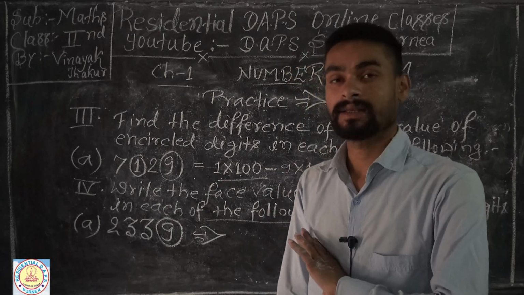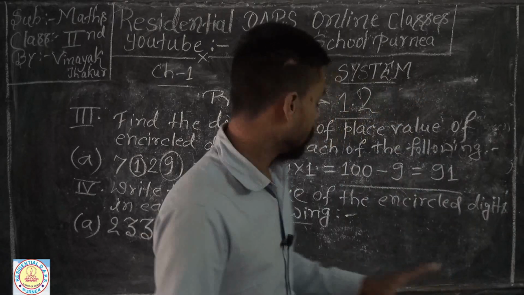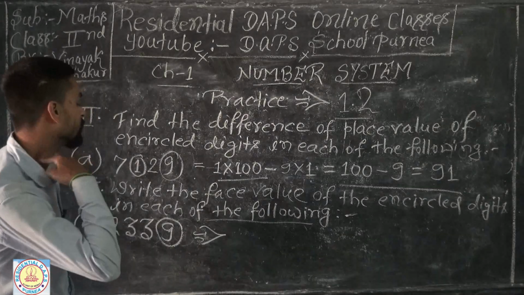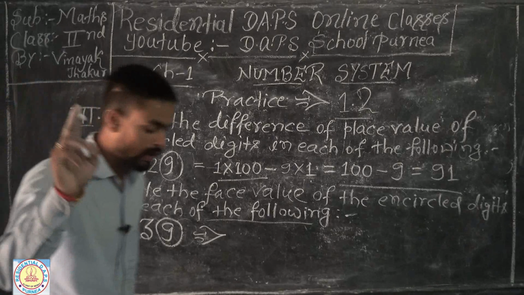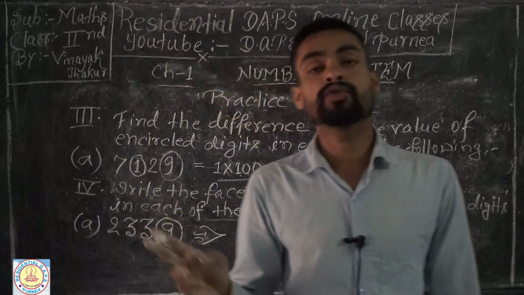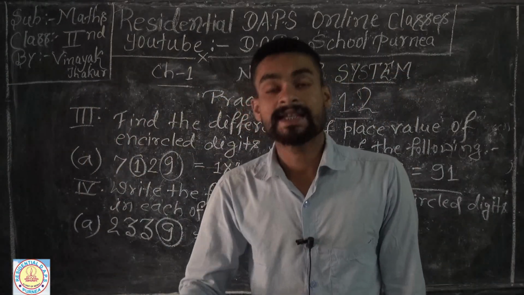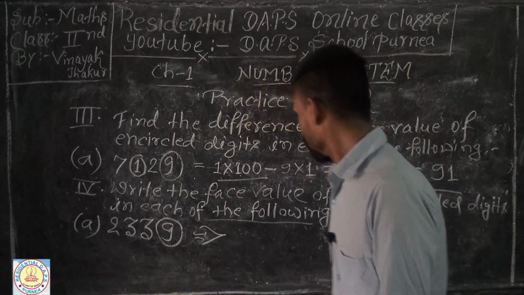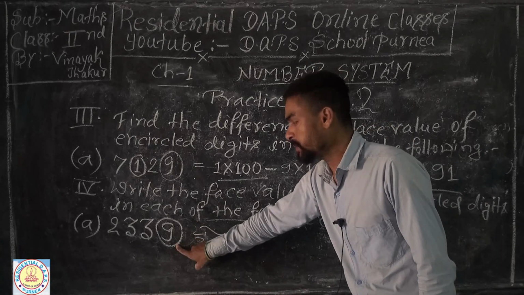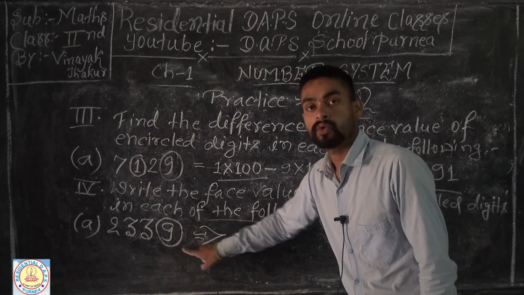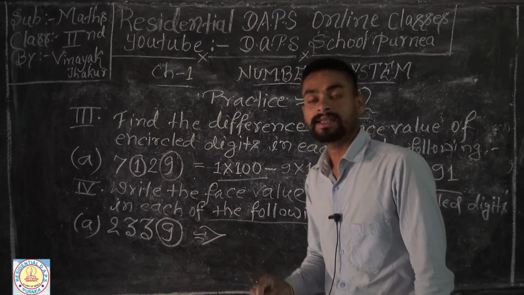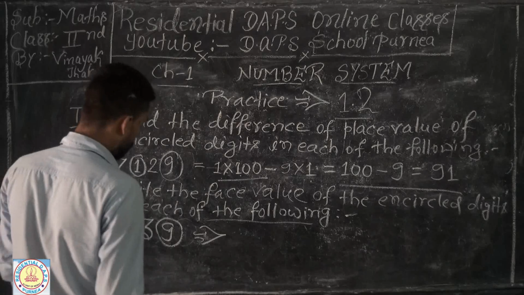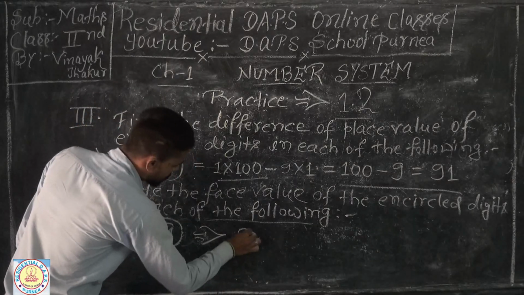To find out the face value, you have to just remember one thing, that the face value of any digit is always the same digit itself. So the face value of 9 is 9 itself.